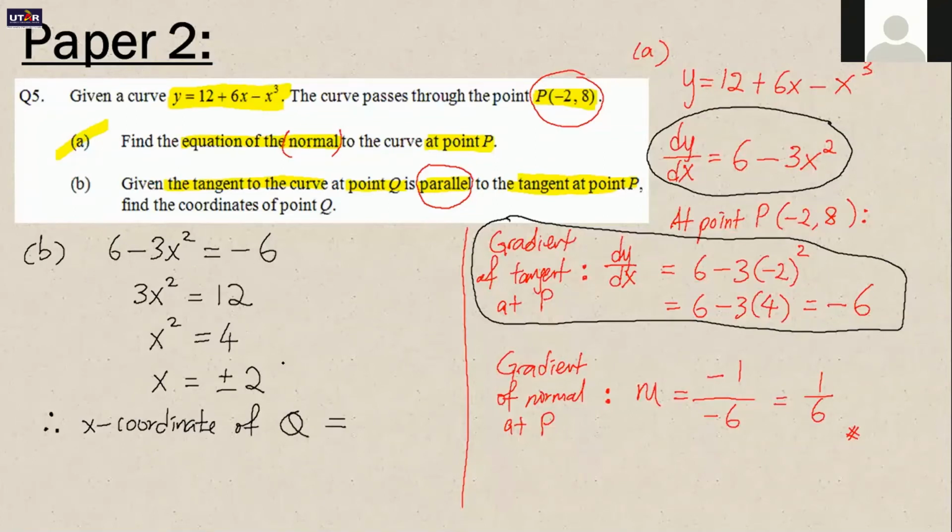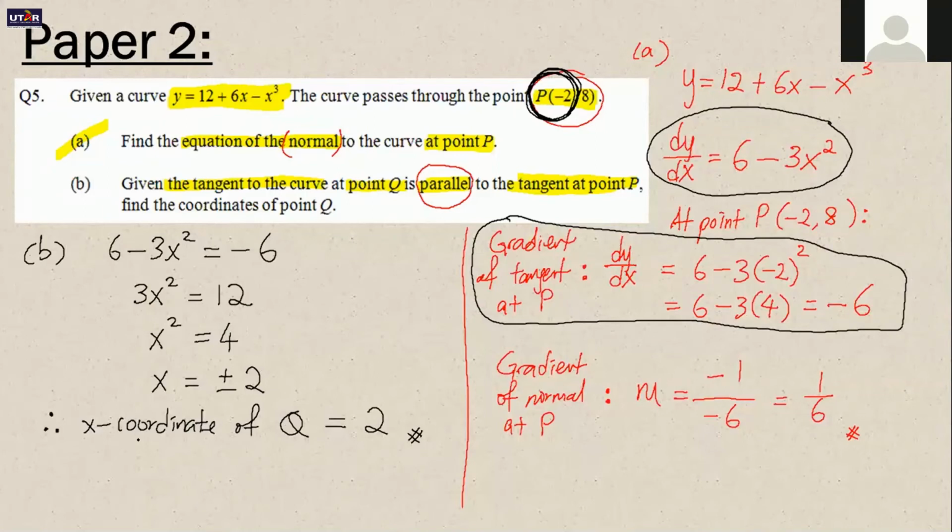Plus 2 or minus 2? Look at here. The P is minus 2. So if you let the x be negative 2, then you will get back the point P. So minus 2 belongs to P. So the Q will be positive 2. Select the positive 2 because the negative 2 belongs to point P already.